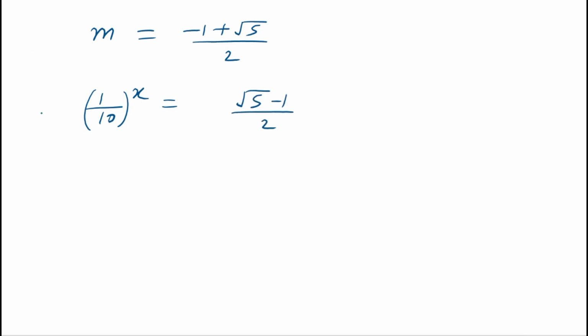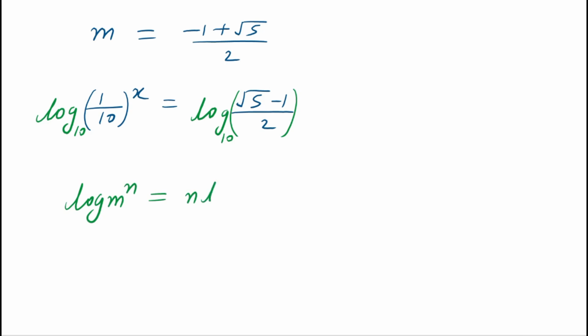If we take log with base 10 on both sides, in the left hand side we will apply this rule: log m power n is equal to n times log m.